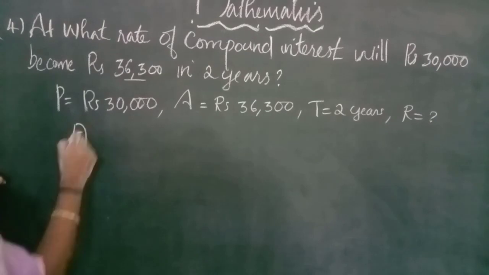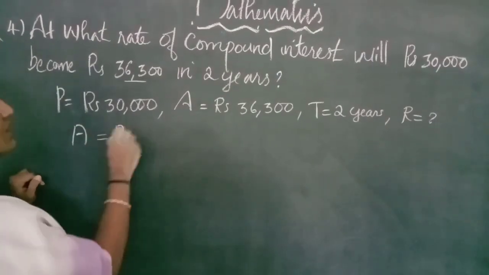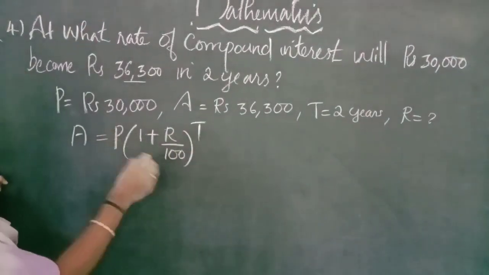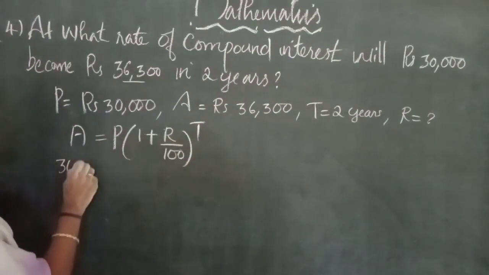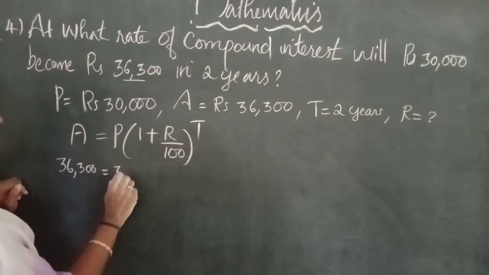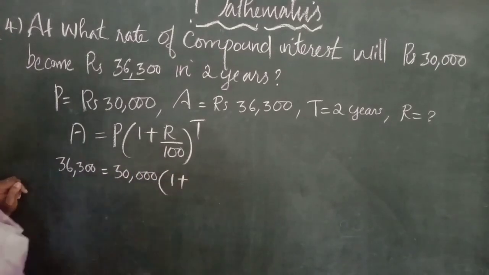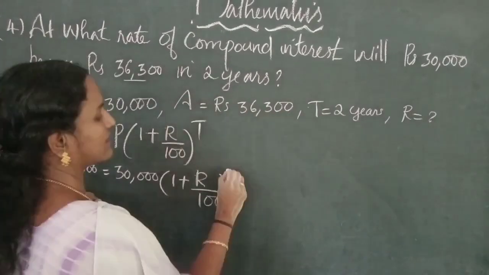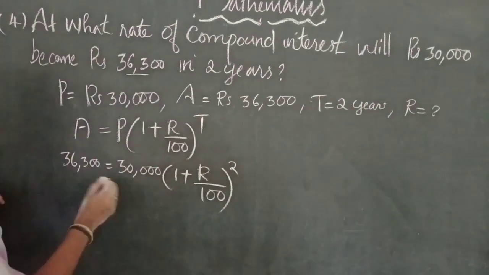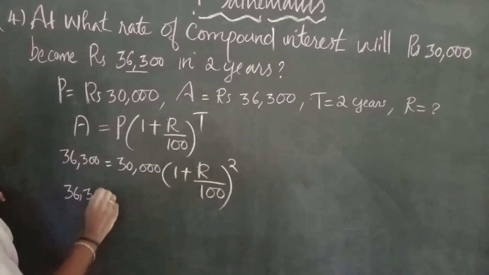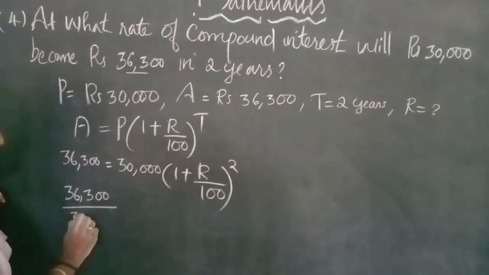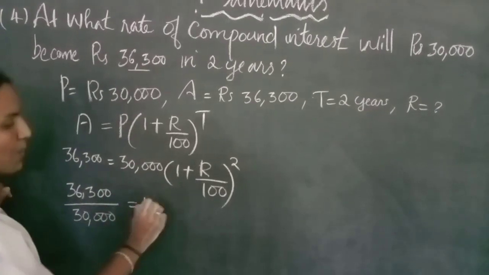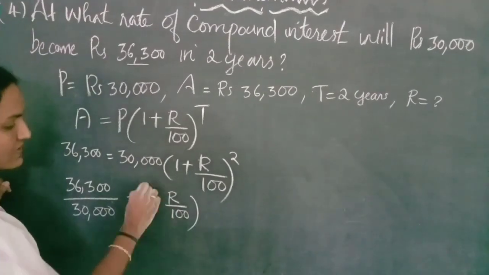So the formula: amount A is equal to P into 1 plus R by 100 the whole power T. Substituting the values in this equation, 36,300 is equal to 30,000 into 1 plus R, we don't know, R by 100 the whole power 2. Here it is multiplication, so we divide: 36,300 divided by 30,000 is equal to 1 plus R by 100 the whole square.